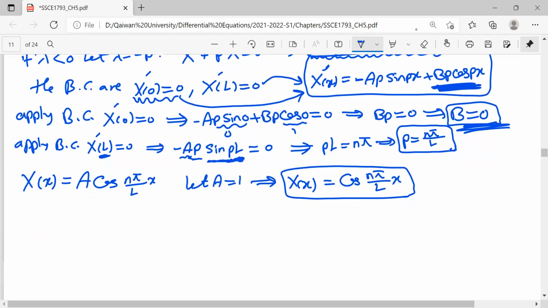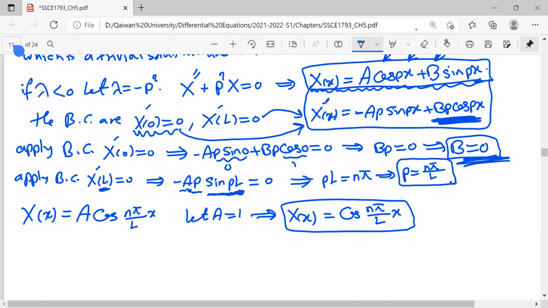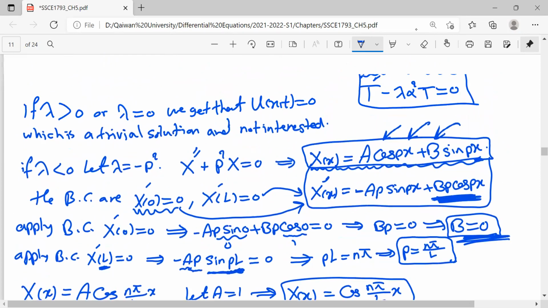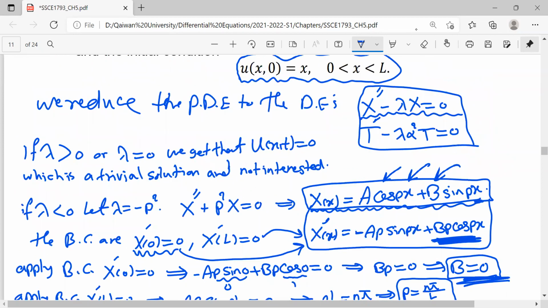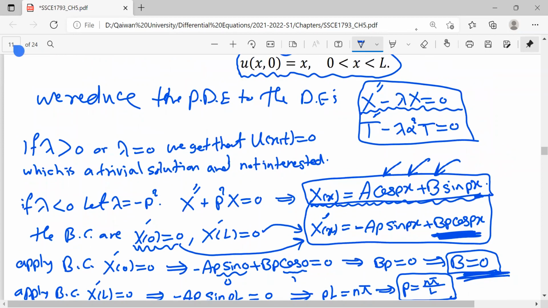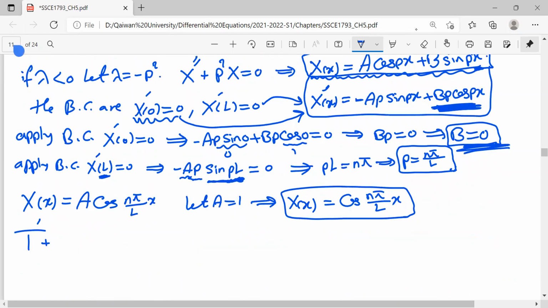Now we should find the solution for t. We say T prime plus, if we replace lambda by negative p squared, plus p squared alpha squared T equals 0. But p is n pi over L, and we replace by that.